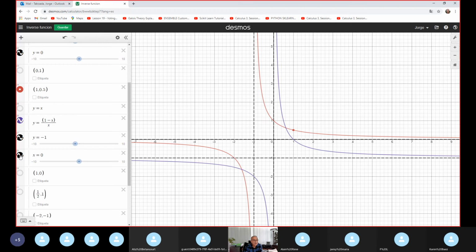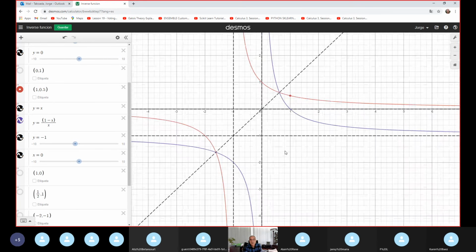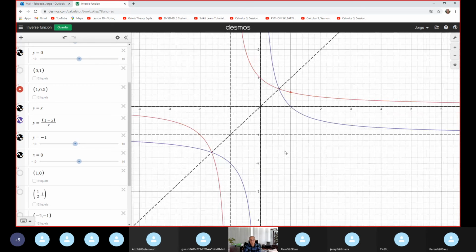And now the famous line of symmetry, y = x, which represents the identity. Look at that, the symmetry between the red, the original, and its inverse, which is, I don't know, purple color, yeah. And you see how the asymptotes interchange.